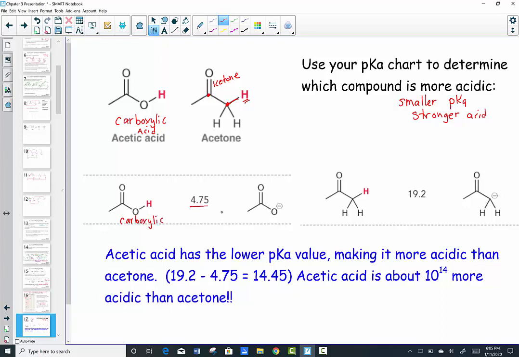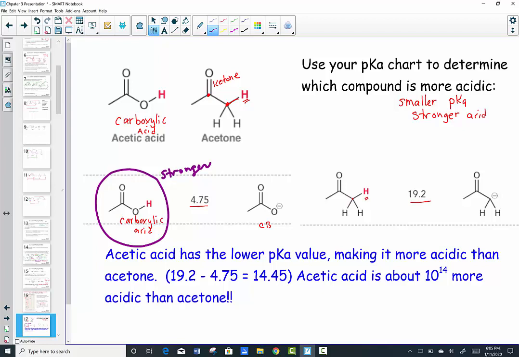The only trip up is if you find the wrong structure or can't seem to find what we're looking for in the chart. And just remind yourself that 19.2 minus 4.75 gives me roughly 14.5, right? And so what that means is that carboxylic acid is 10 raised to the 14th power times more acidic than acetone. Do you see? That's a really large number.